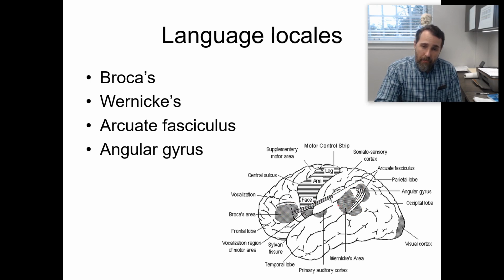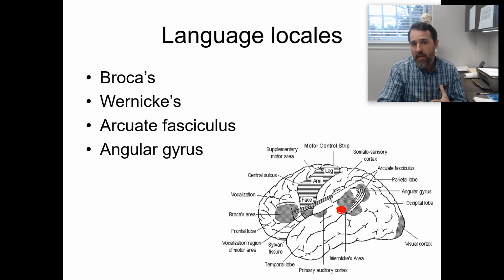Now let's say we give this guy a lesion on the anterior side of Wernicke's area. It's damaged Wernicke's area, but it hasn't damaged the connections between Wernicke's area, the arcuate fasciculus, and Broca's area. So what is this individual going to look like? Well, he's going to have difficulty understanding what's said to him. He's going to have receptive language deficits.